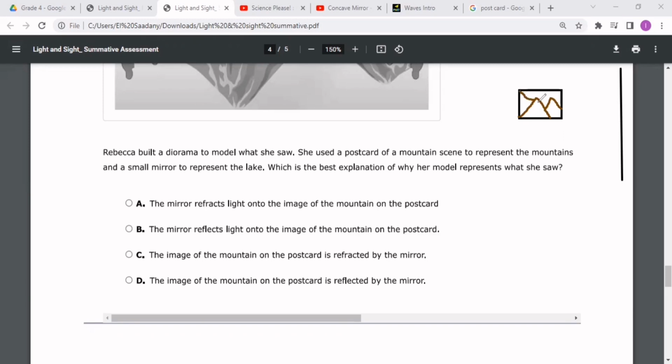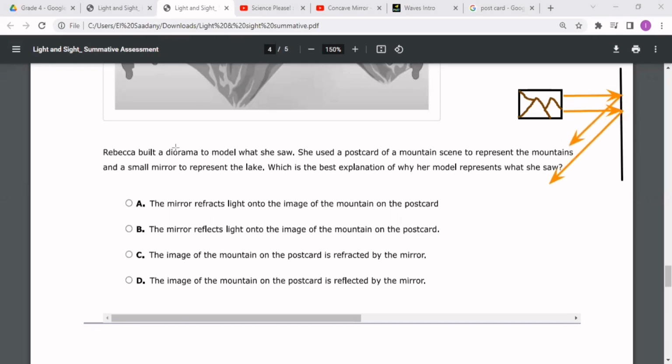So when the picture of the postcard is reflected on the mirror, it's the same as when the mountain's image was reflected on the water.